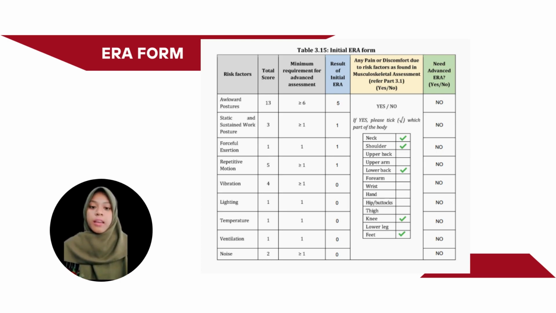I will present about the initial ergonomic risk assessment form at a car wash. The initial assessment can help to identify any issues or problems that may affect the workers' health and productivity, or that could cause potential hazards at a workplace. Some of the risk factors that may be assessed are awkward posture, static and sustained work posture, forceful exertion, repetitive motion, vibration, lighting, temperature, ventilation, and also noise.